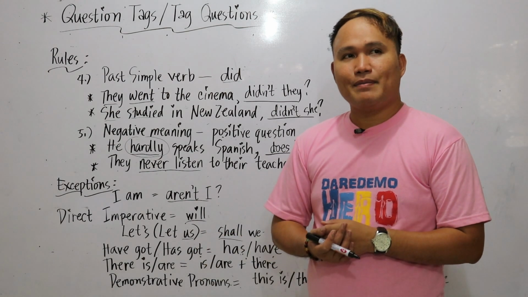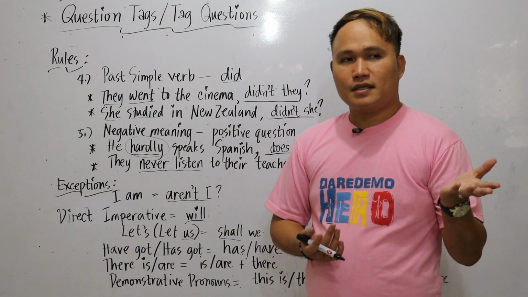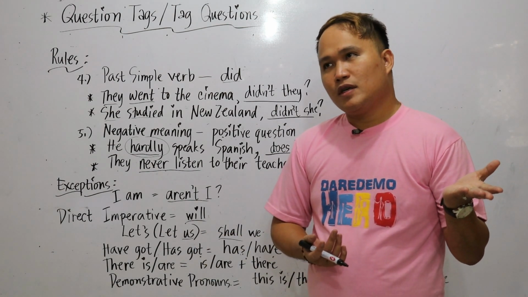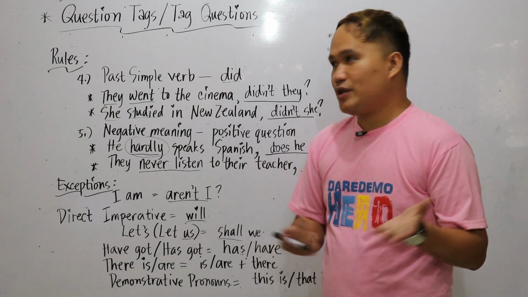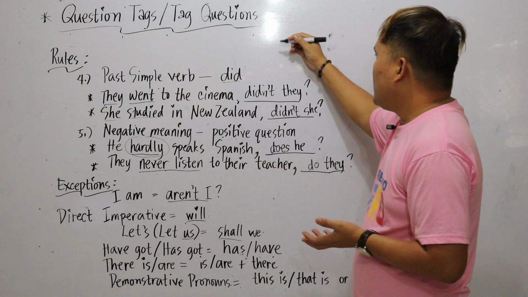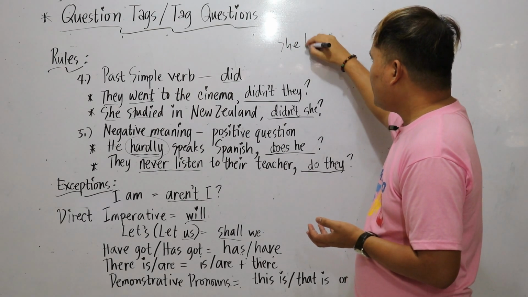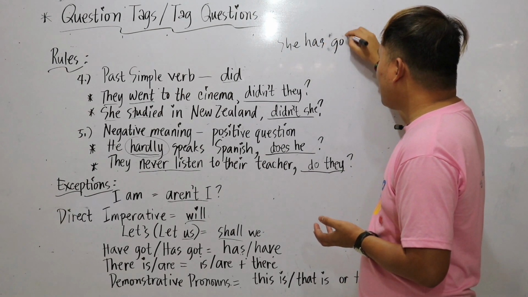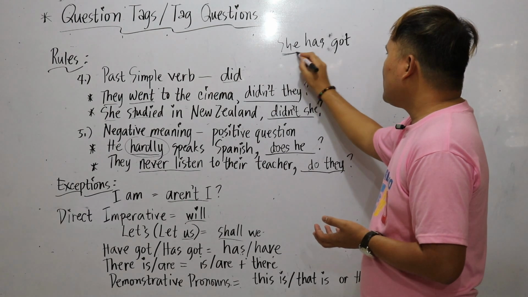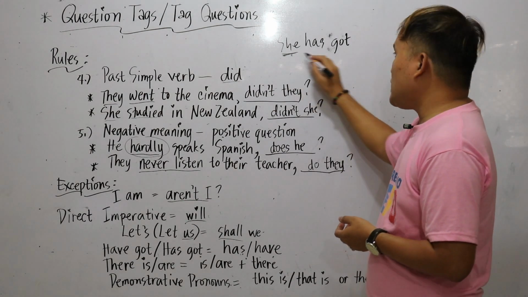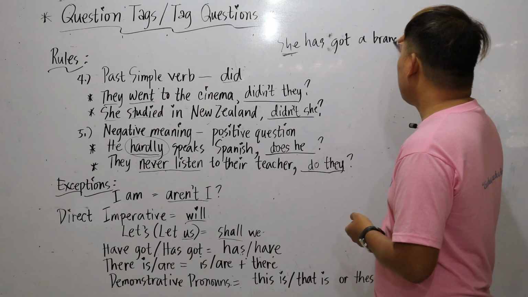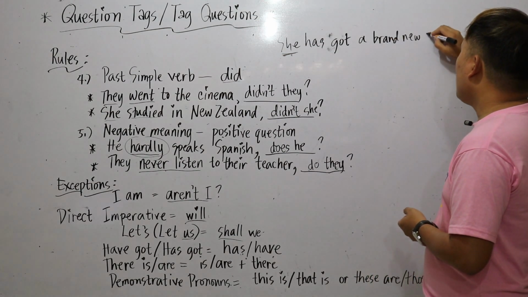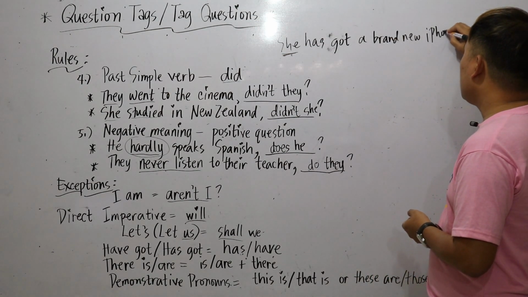For example, she has got a brand new iPhone 10. What should be our tag question? Let me write it down for you. She has got a brand new iPhone 10. We use has got here because our subject is singular.